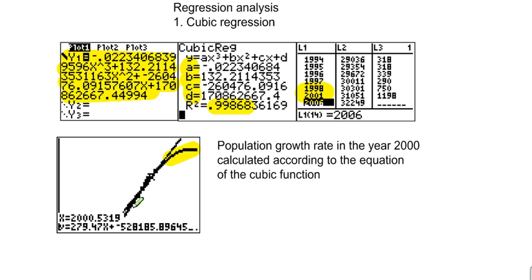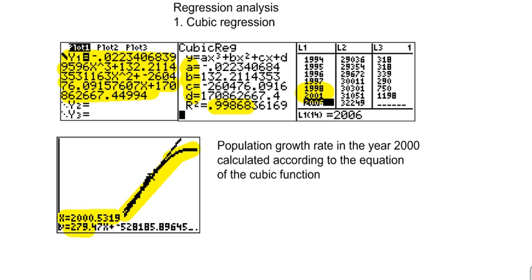Before we do the algebra ourselves, what I did here, I did find the tangent at point 2000. So this is the value of x, 2000.5. So the rate of change now is 279.47.